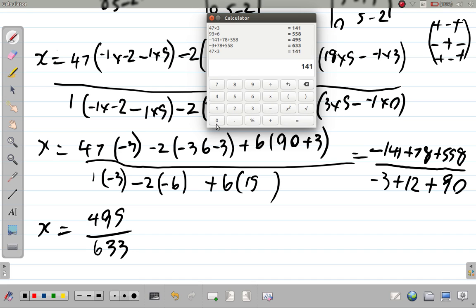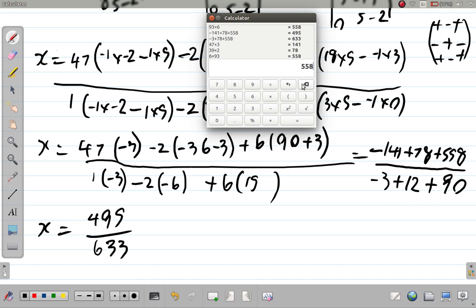We have negative 141, good. 2 times, negative 2 times negative 39, so 39 by 2, and we have 78, plus 6 times 93 equals 558. All right. Over negative 3 plus 12 plus 90.